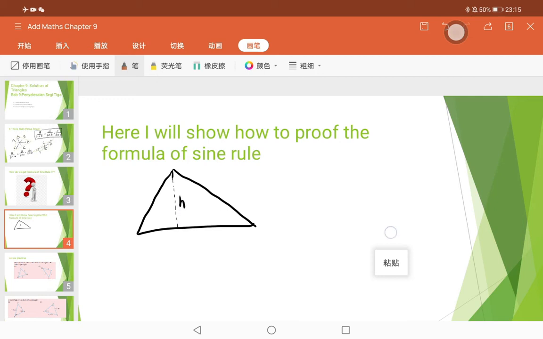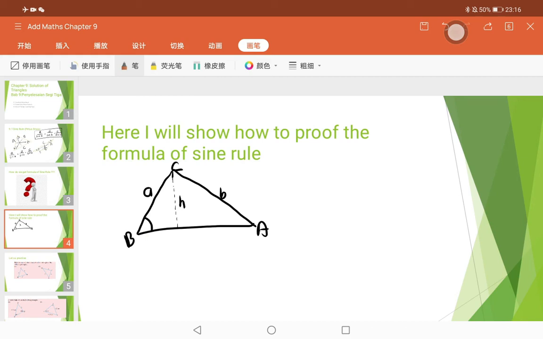This is my H. So this is A, this is B, and C. Okay, so I think I write it nicely.